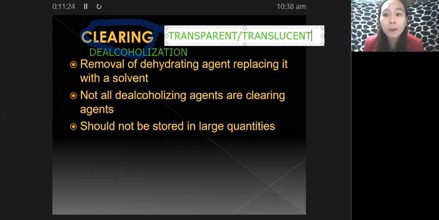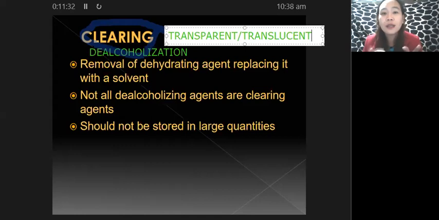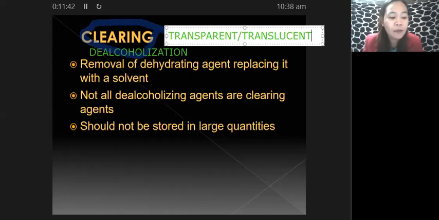What is the purpose of making your tissue sample transparent or translucent? So the transparency of your tissue sample is significant in microscopy, okay? So remember that your tissue samples are inherently opaque.